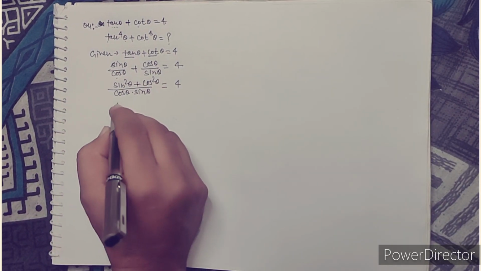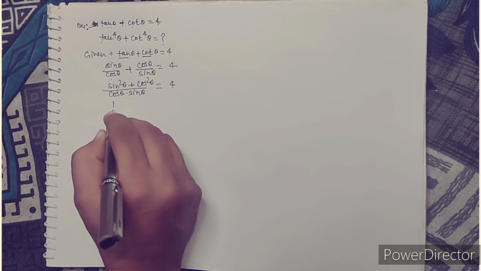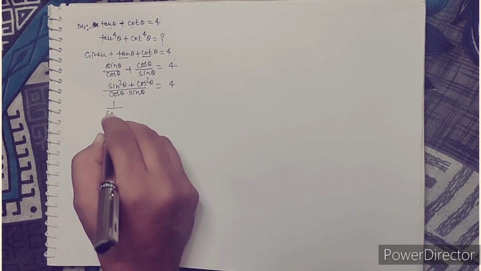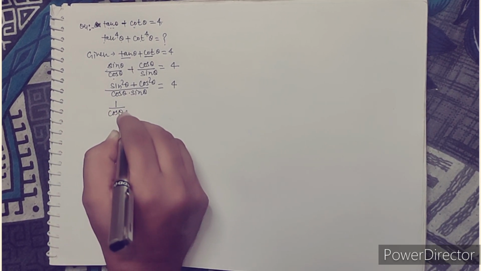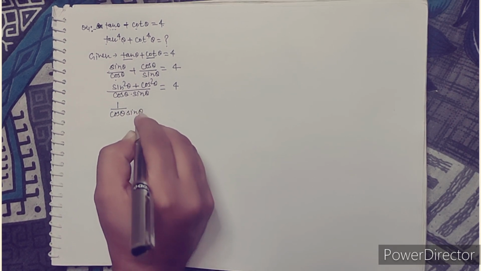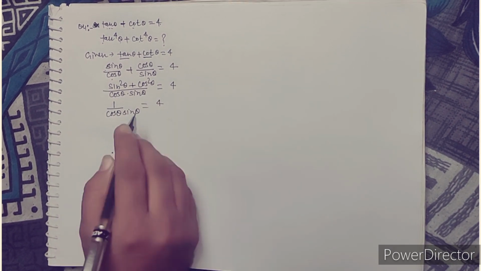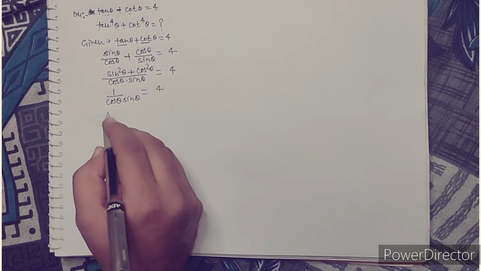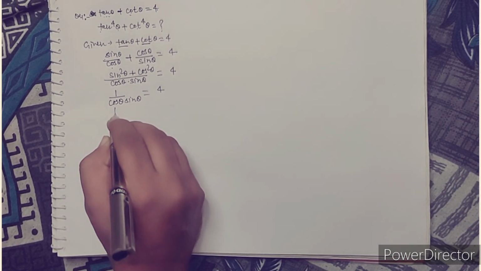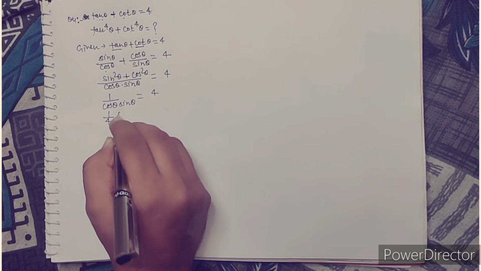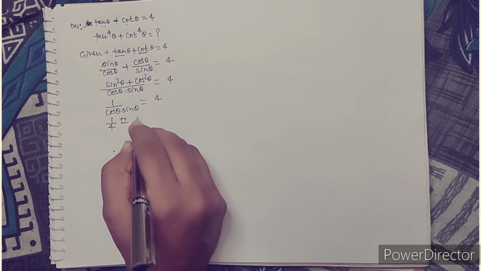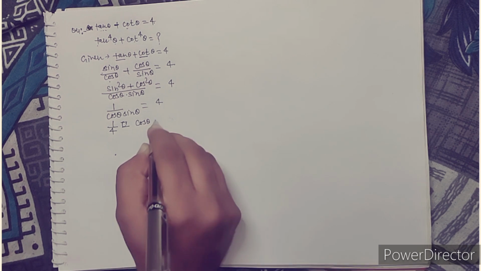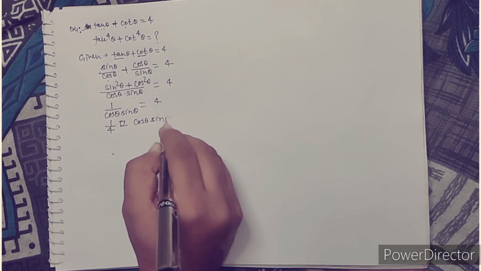It will be 1 upon cos theta into sin theta is equal to 4. We can also mention 1 upon 4 is equal to cos theta into sin theta.